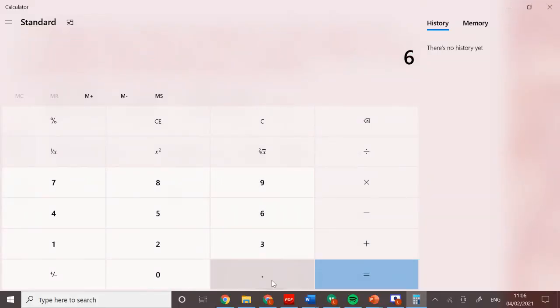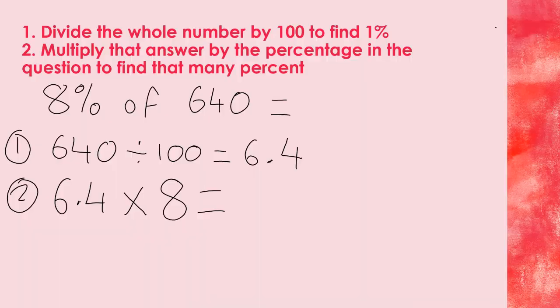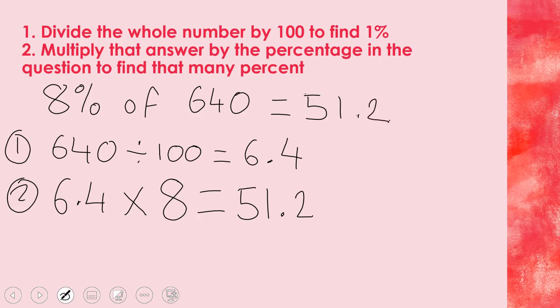I'm going to do 6.4 multiplied by 8 is equal to, now I can see my answer is 51.2. That's the answer to the question, just like that.